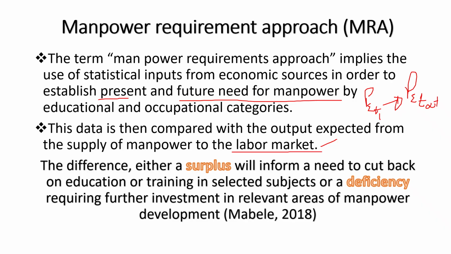This concept of labor market is quite wider. We're talking about employment by all sectors, public and the private, but also there is self-employment, of people who recruit themselves. So according to Mabere, the difference, either a surplus will inform a need to cut back on education and training in a selected subject, or the deficiency will require further investment in relevant areas of manpower development.